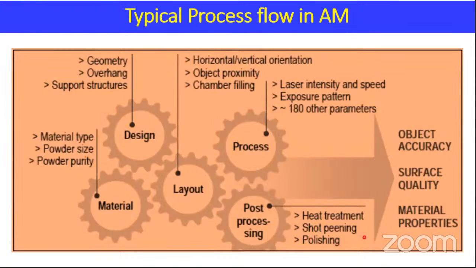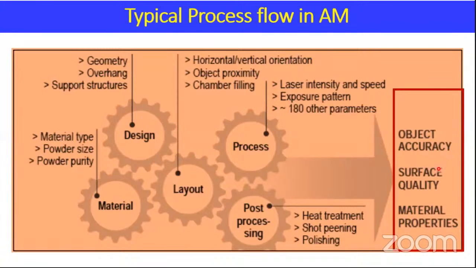And also shot peening and polishing would be used, because in the as printed or as manufactured condition, the surface roughness would be slightly high. All those things would dictate the component accuracy, both in terms of dimension and geometry, and the surface quality, more importantly the surface roughness and surface finish, and the properties of the component which we obtain at the component level, right?